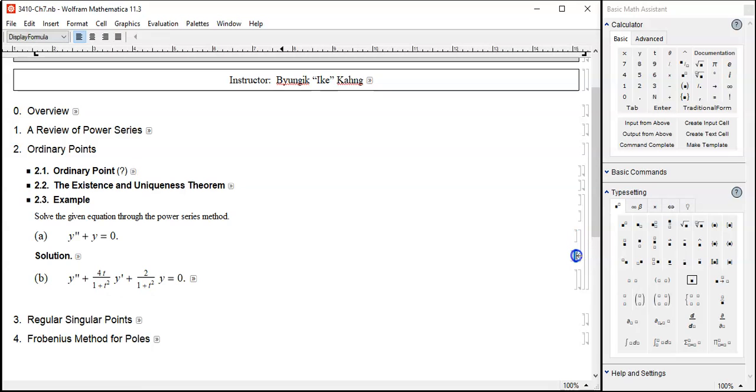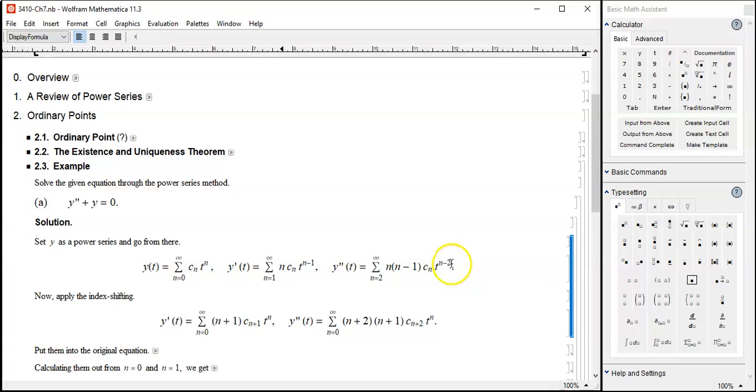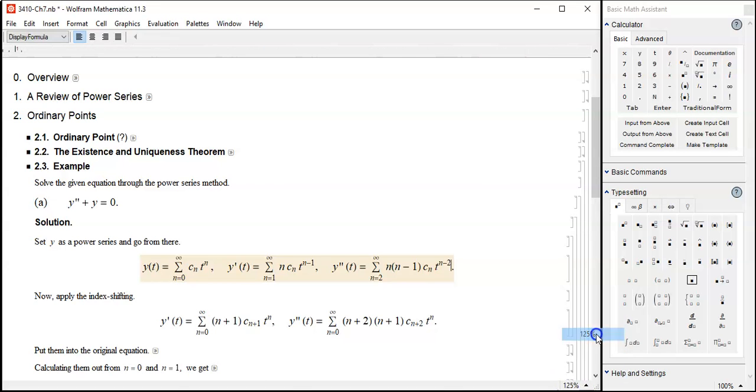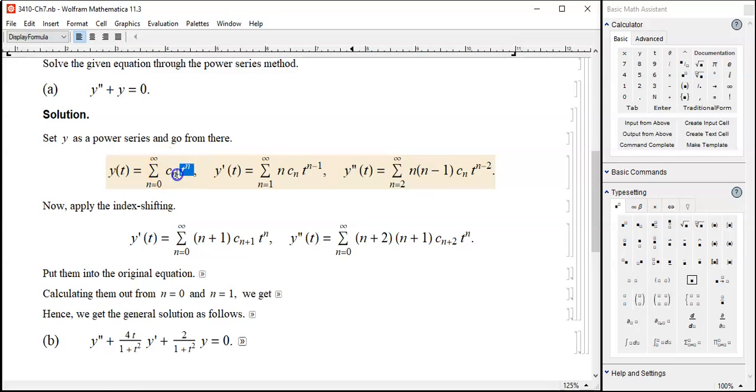Okay, here we go. Let's take the power series, and let's go from there. Let's expand the font a little bit so that you can see individual terms more easily. Let's see, the original series is the sum of c_n t to the nth power.